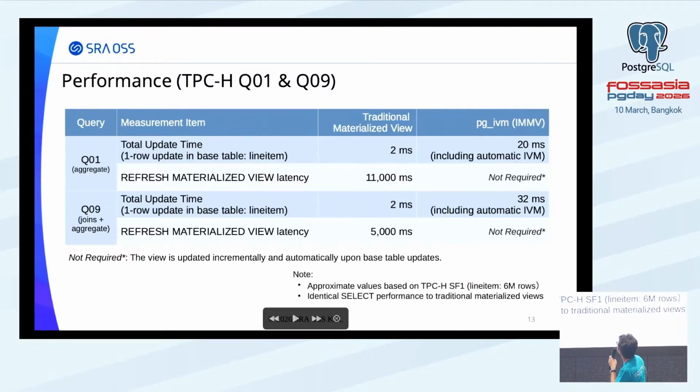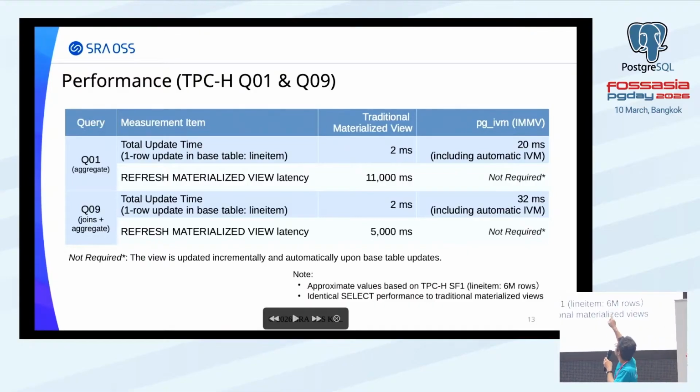And next, let's see the total update time. When one row in a base table is updated, it takes about 20 or 30 milliseconds with an IMMV.